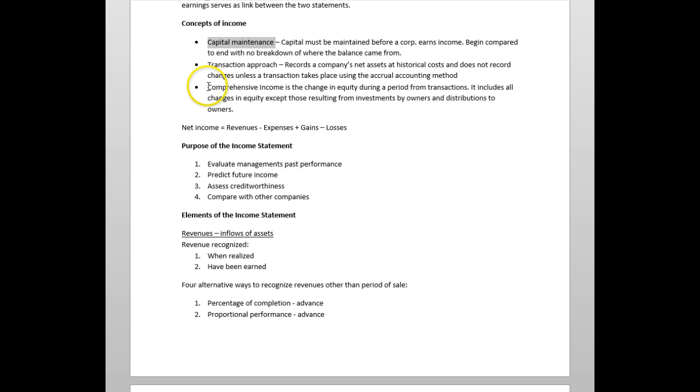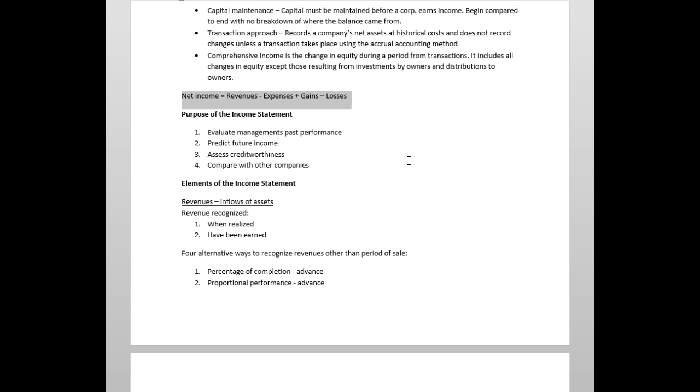And then we have comprehensive income, and that's the change in equity during the period from the transactions. It includes all changes in equity except for those resulting in investments by owners and distribution by owners. So those are the concepts of income. Of course, we've got this wonderful equation: net income equals revenues minus expenses plus gains minus losses. And that's basically what we're going to be looking at in this chapter.